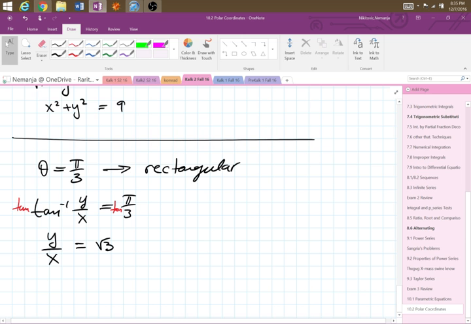And then I will multiply both sides by x, and we get y equals root 3 x. Observe that plus b part is 0 because it goes through the origin, right? So theta equals pi over 3 is the same equation as y equals root 3 x. Slope is root 3. You can convert anything, except it gets really bad in some cases.